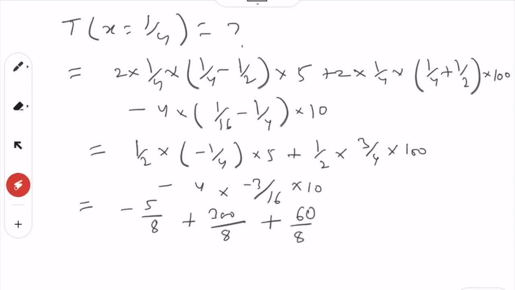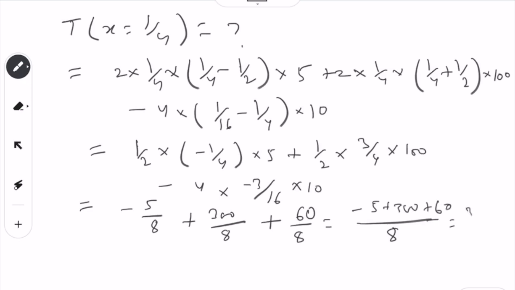So we have 10 times 4 times 3, so 120 by 16, so 60/8, and that will be minus 5 plus 300 plus 60, which is 365/8.